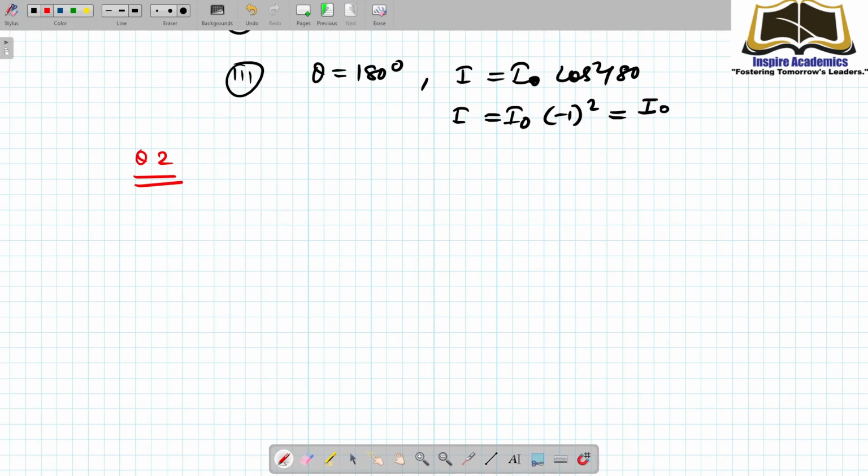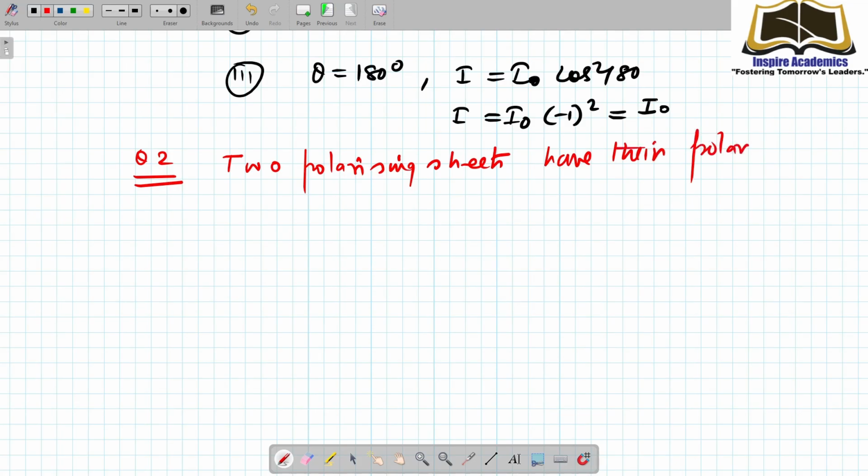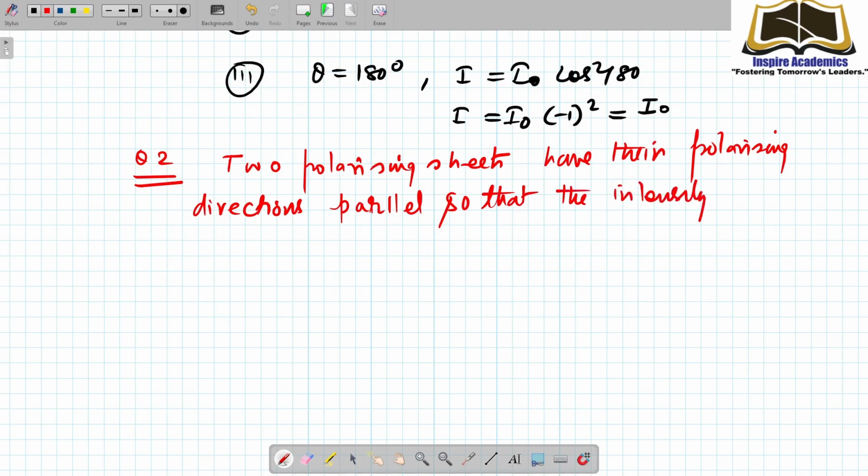Two polarizing sheets have their polarizing directions parallel, so that the intensity of the transmitted light is maximum.